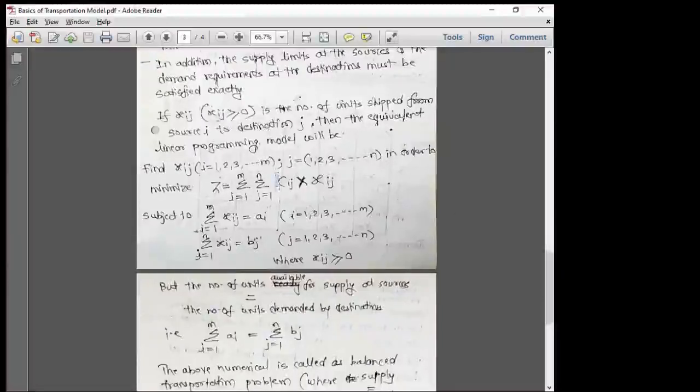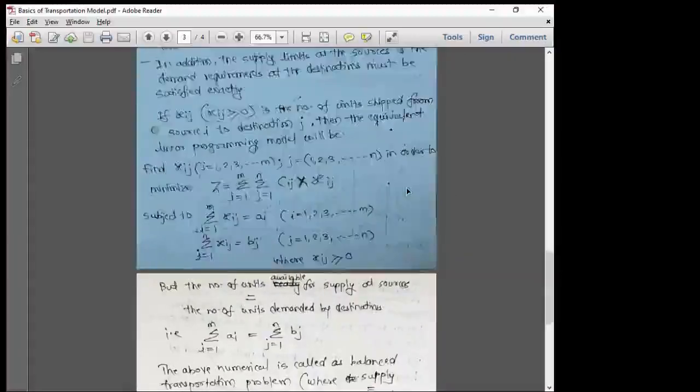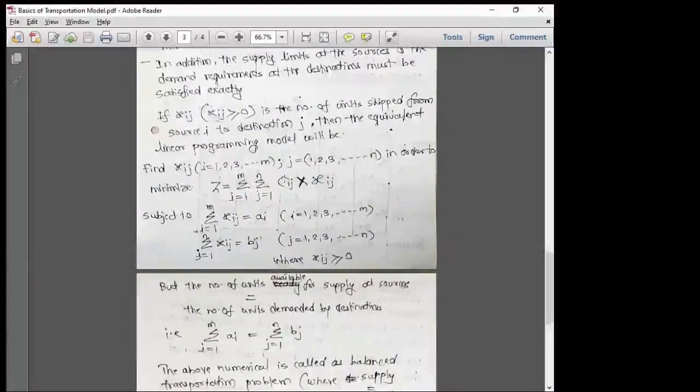We know Cij, that is the unit transportation cost, and we know how many units we are going to supply. So the multiplication of these two will be the transportation cost, right? I think you are understanding. If not, I'm repeating this. Cij is the unit cost, and Xij is the number of units.